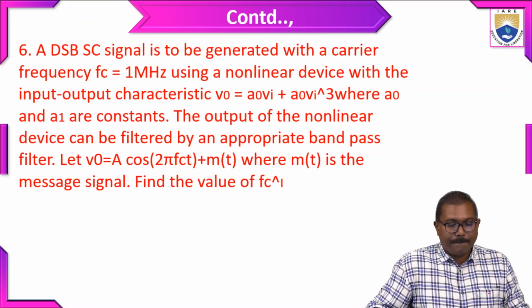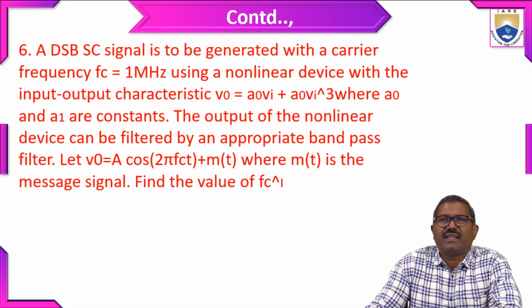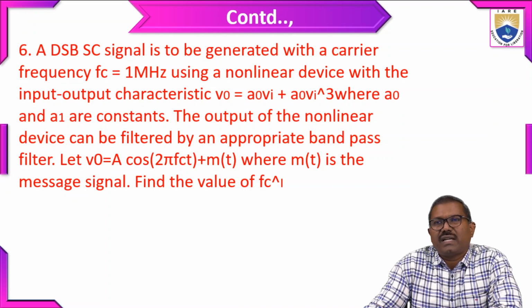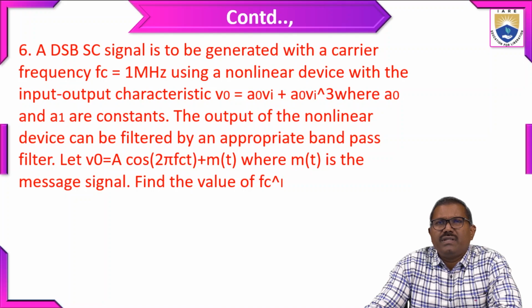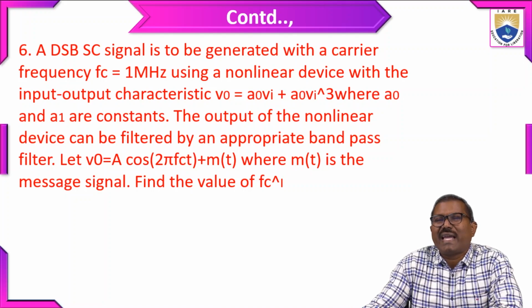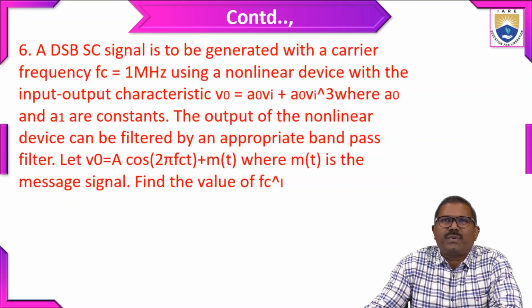And now the sixth problem is a DSB-SC signal. DSB-SC means double sideband suppressed carrier. Coming to the AM, AM is also double sideband, but with full carrier. Here I'm going to suppress the carrier.